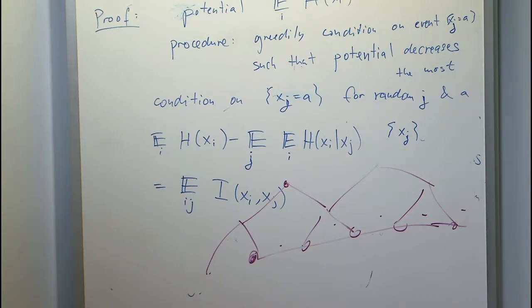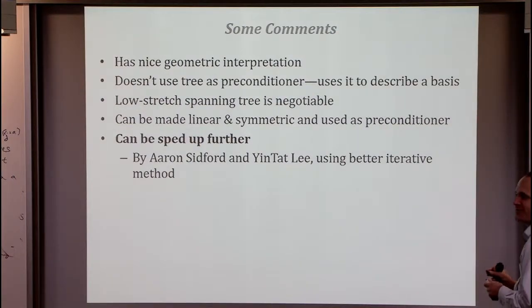This was my pontificate part, which was that note it doesn't use tree preconditioners, no low stretch. It's not actually using the tree as a preconditioner, but as a basis, and it has no recursive anything. I do want to mention that Aaron and Yinkat have this beautiful paper that speeds it up further. They take a square root of the number of iterations, and what they do is use a coordinate descent analog of Nesterov's method for accelerated descent.